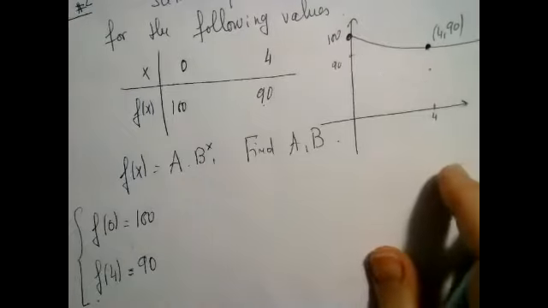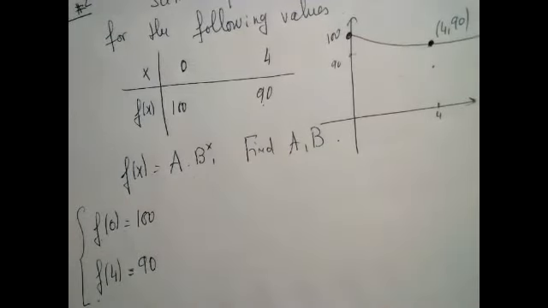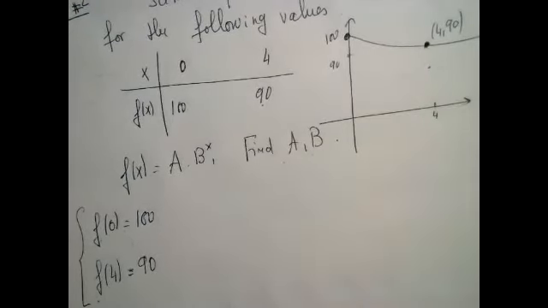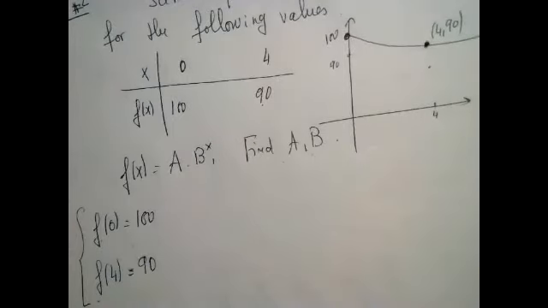Okay, let's do it together then. Let's see what you come up with. f of 0 equals 100. Okay, Leia gave me 3.71 for what? Remember, you have to find A and B. 3.71 is for what? For B? Oh, I don't know. Anybody else getting the same answer?